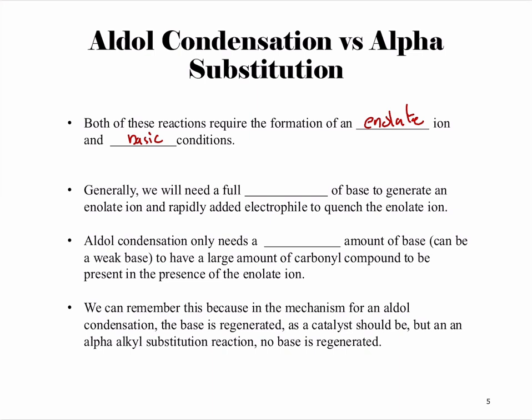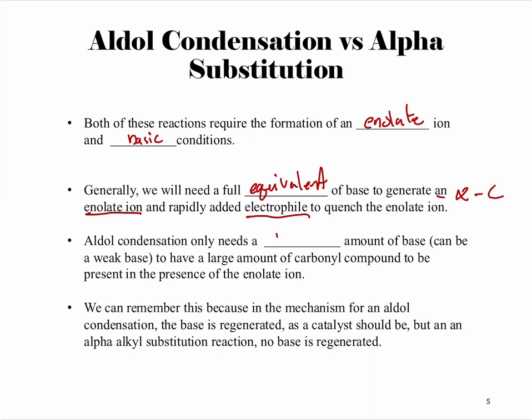And so generally, we need a full equivalent of base to generate an enolate ion, and then rapidly add an electrophile to quench the enolate ion. And so this would be for alpha carbon substitution, right? We don't regenerate the base because we need an equivalent of base to create the enolate ion, and then immediately it's quenched with whatever the electrophile is.